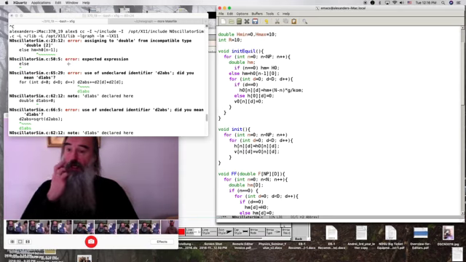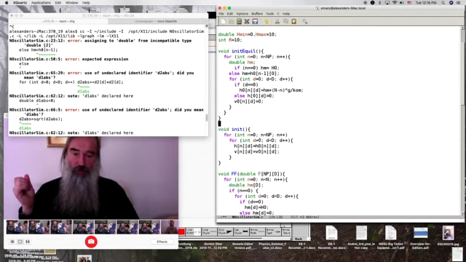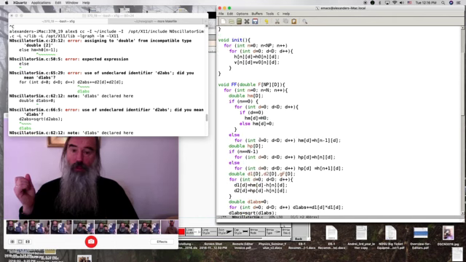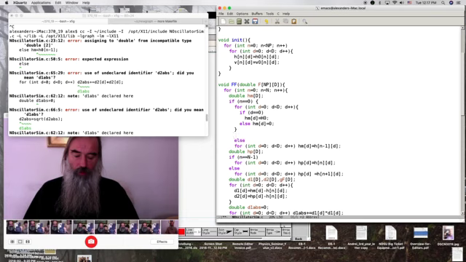Now, what's the next one? Unexpected expression 50, line 50. What do we have in line 50? If n equals 0, else, it looks like we're needing a bracket closed, else, okay, then of course we're going to run into some trouble, presumably.